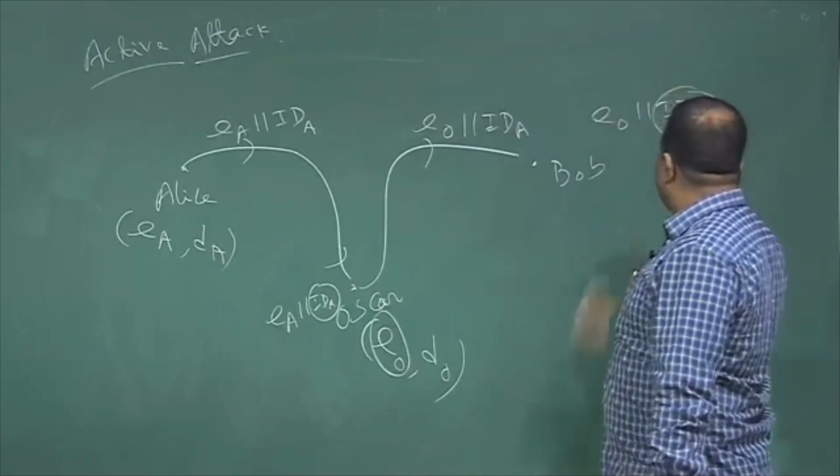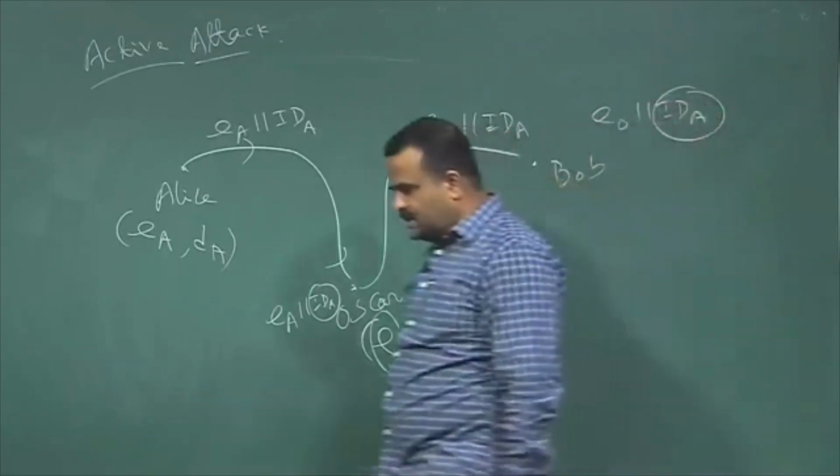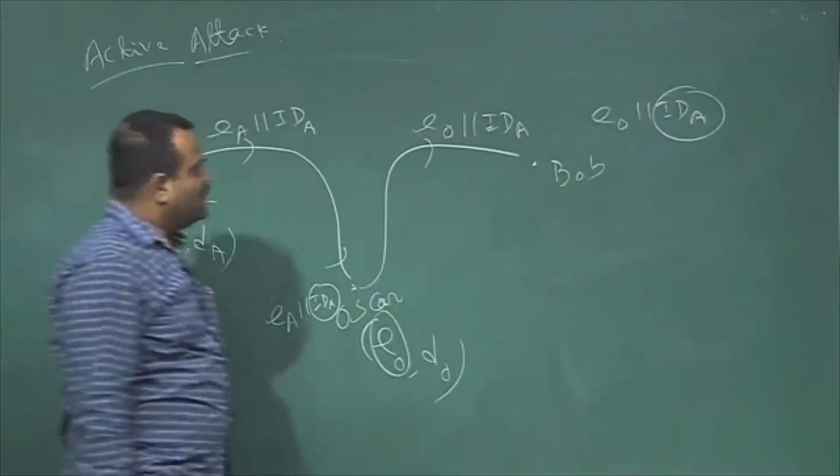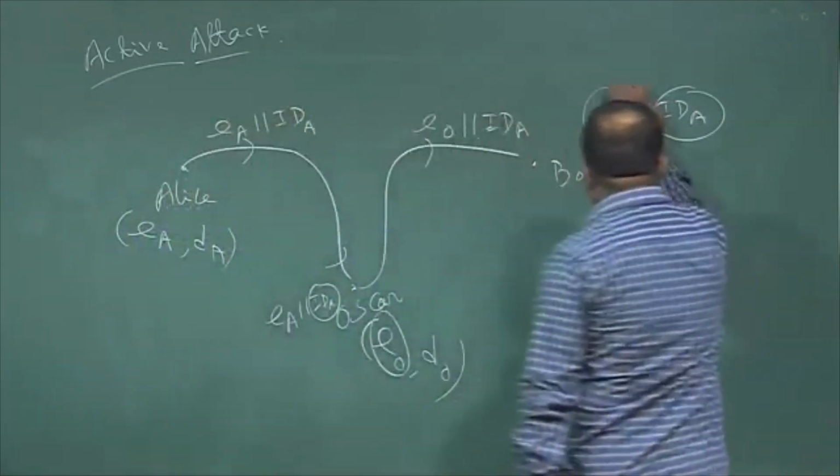So Bob is taking the ID of A, and Bob is convinced that he is communicating with Alice only. So Bob will think this is the Alice public key.